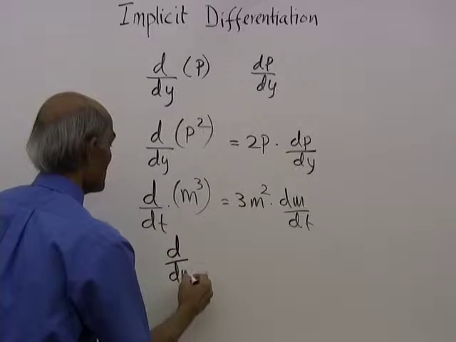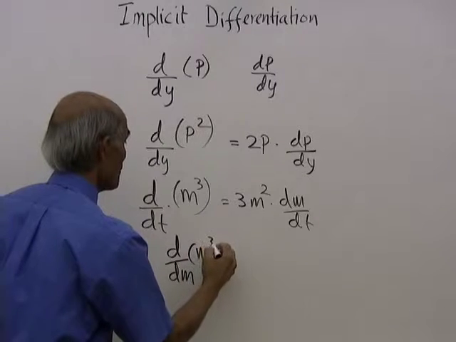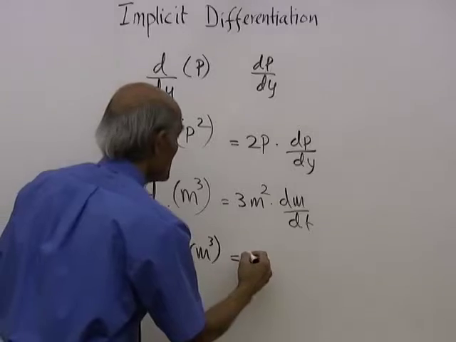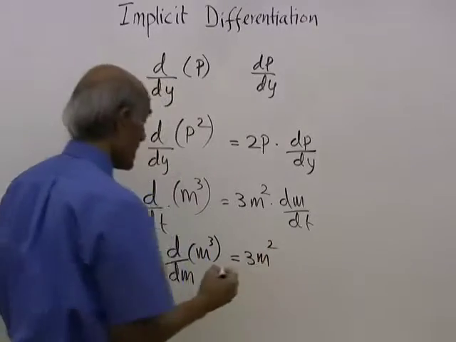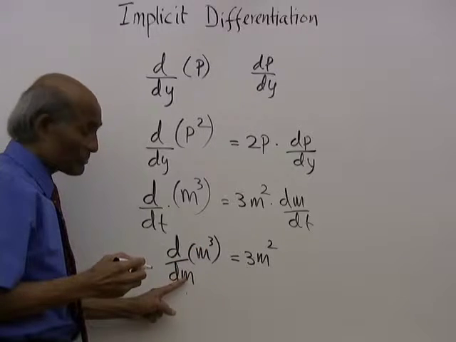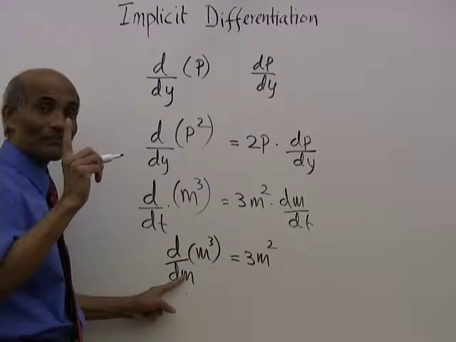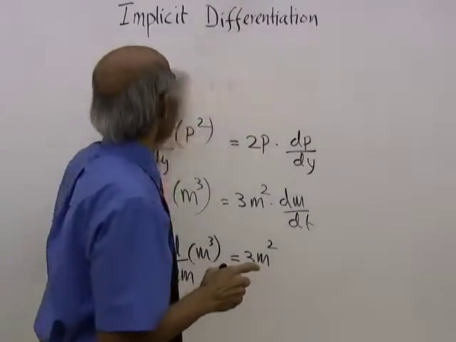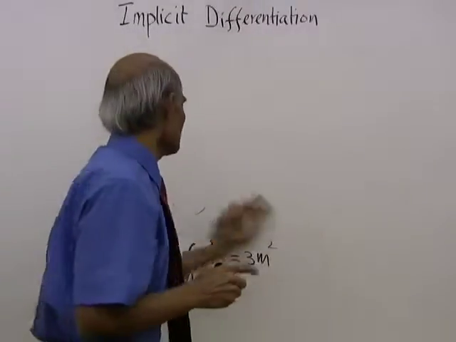If you want to find the derivative of m cubed with respect to m, it will be simply 3m squared. Why? Because the derivative of m with respect to m is 1. So, very important to know these simple derivative skills.